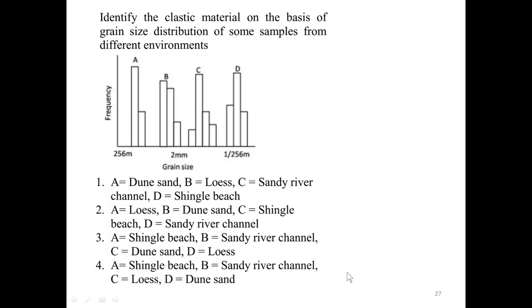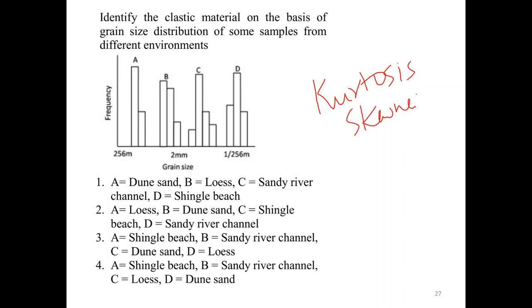Identify the clastic material on the basis of grain size distribution of some samples from different environments. Now, this is a very, very important question. You must have read about how many different ways this question may be asked. You must have read in your sedimentology about the Udden-Wentworth scale, then the applications of kurtosis and skewness.